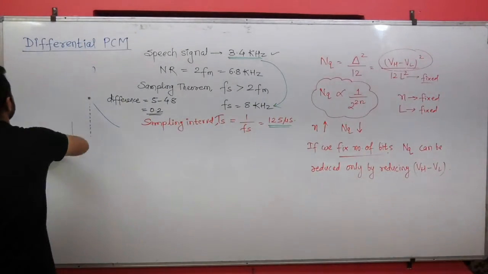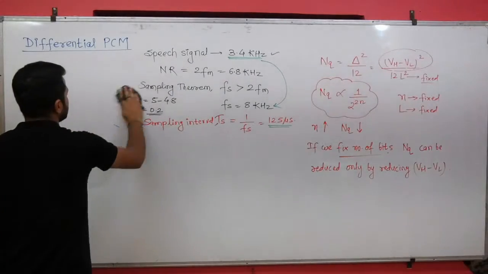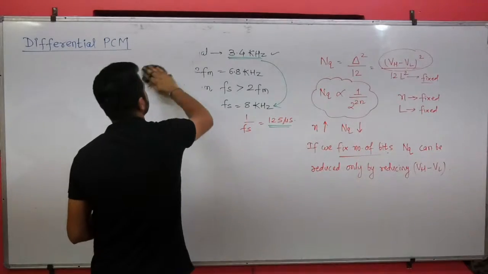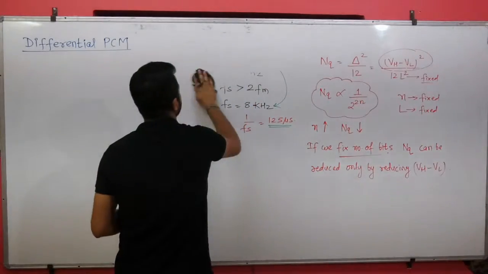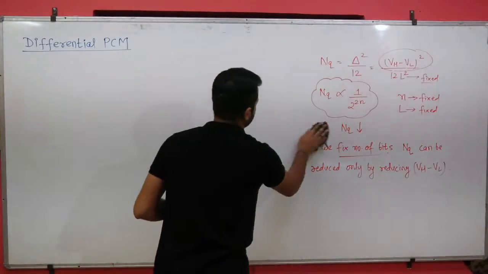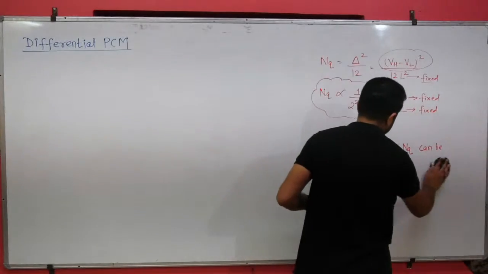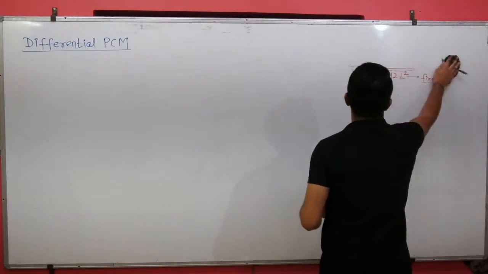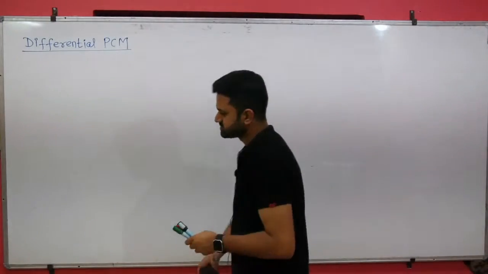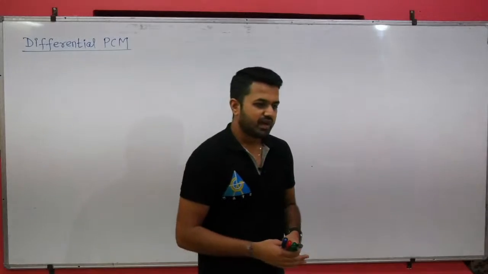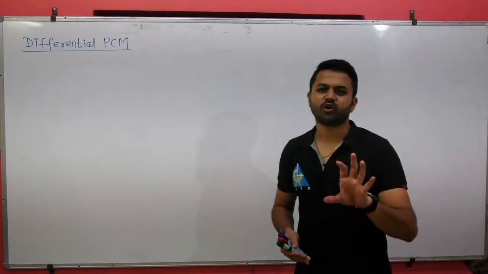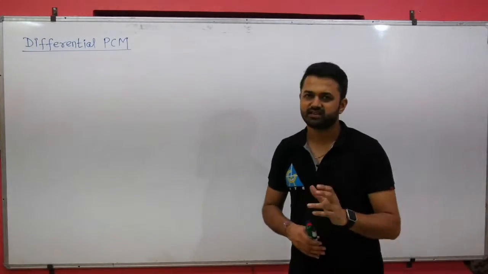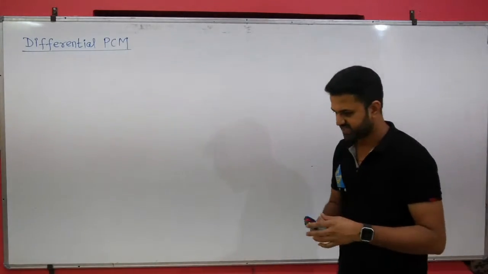So this is the principle, and we can see the block diagram of this differential pulse code modulation. Always remember that this is possible because the autocorrelation of the speech signal is very high. That is why we can take the advantage.